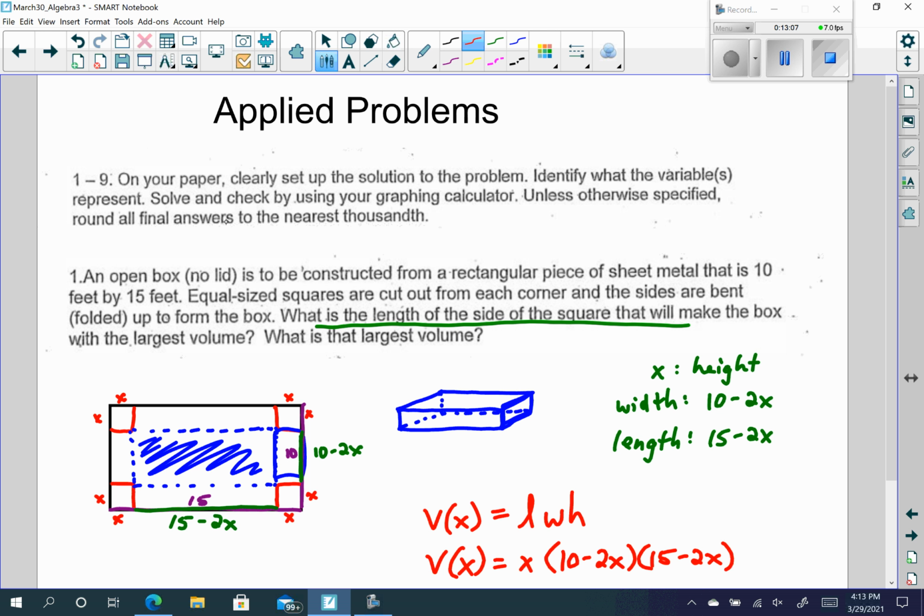So we did everything we said. We set up the solution on how we're going to get the solution. We had to draw a picture and label it. We labeled our variable, height was X, then our width was the expression 10 minus 2X, and our length was 15 minus 2X. So now go back to Desmos, clear out the graph you had in there, type this in.